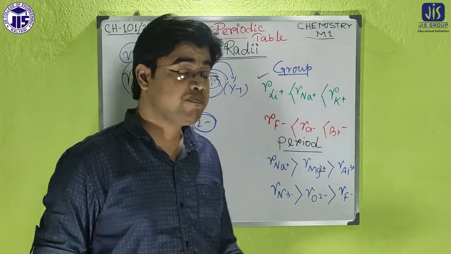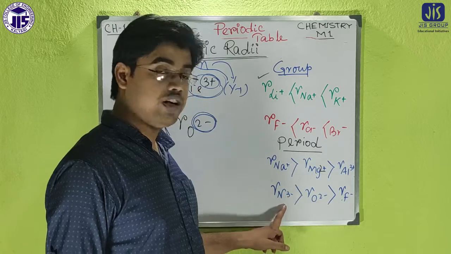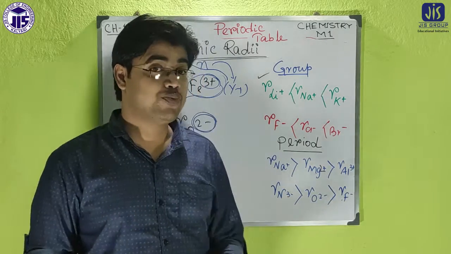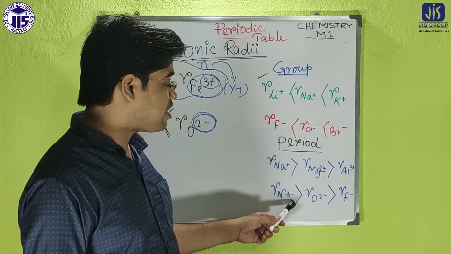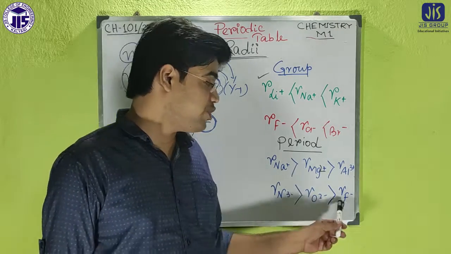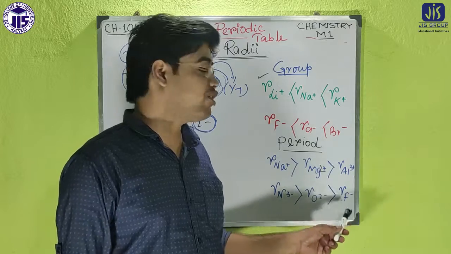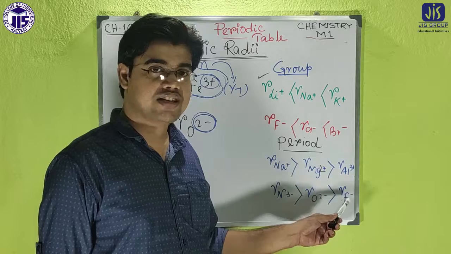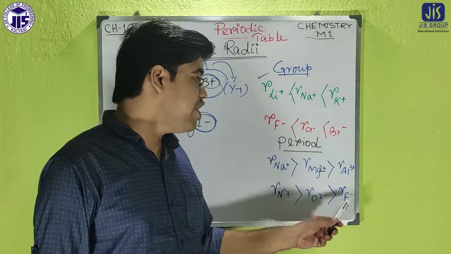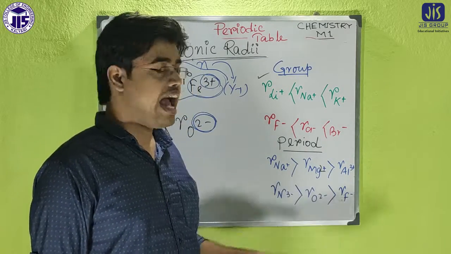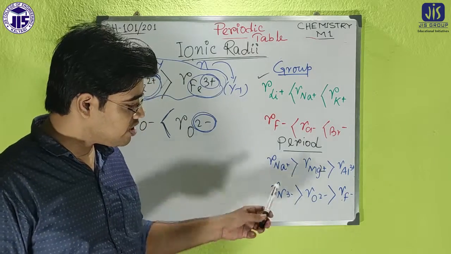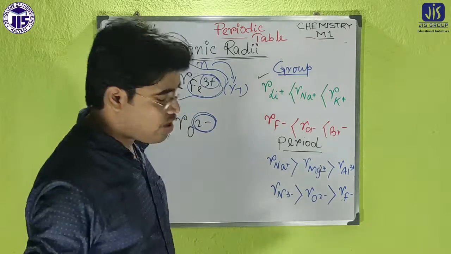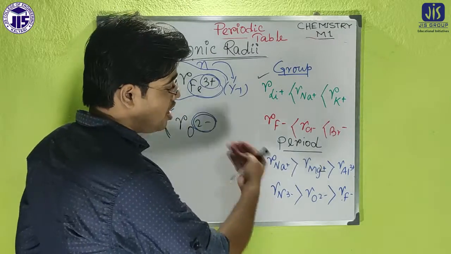But the number of protons is lower in one and higher in another. Where the number of protons is higher and electrons are the same, the attraction force will be higher, and where it is lower, the attraction will be lower. So the size of N3- is the highest.